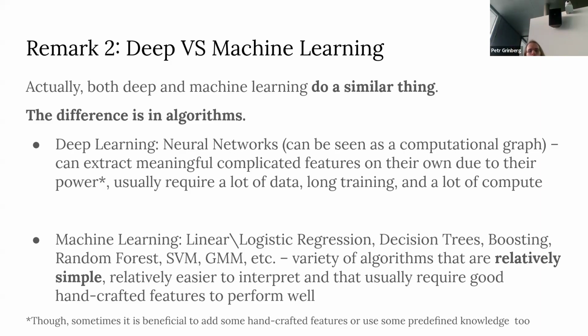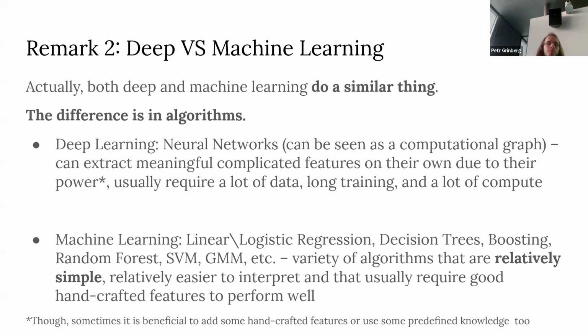algorithm. So when somebody says machine learning, they mean one of the simple algorithms like linear or logistic regression, decision trees, boosting, random forest, SVM, Gaussian mixture models, etc. The general thing about machine learning is that these are relatively simple algorithms, relatively easy to interpret, to understand how they work and why they work, and they require some handcrafted features to perform well.